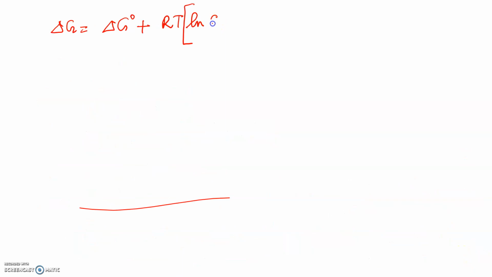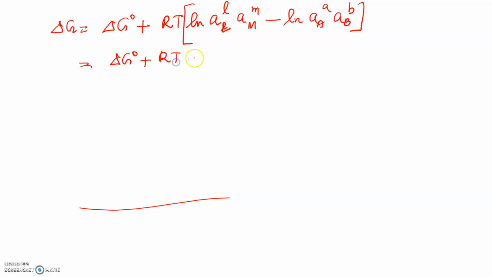That can be written as delta G0 plus RT ln of a L raised to l into a M raised to m divided by a A raised to a into a B raised to b.